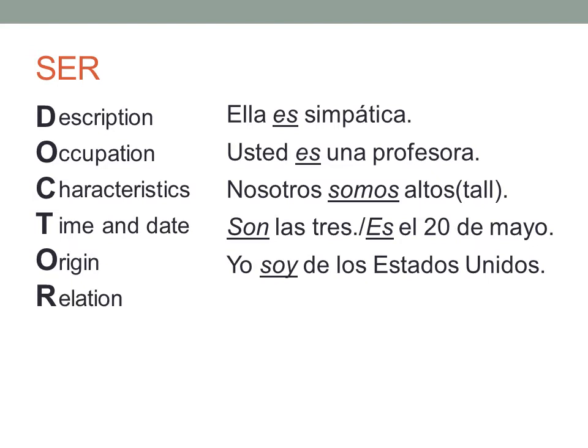The R is for relation, talking about who is related to us. Él es mi papá. Okay, so again, the acronym we're going to learn for ser is DOCTOR. Description, occupation, characteristics, time and date, origin, and relation.